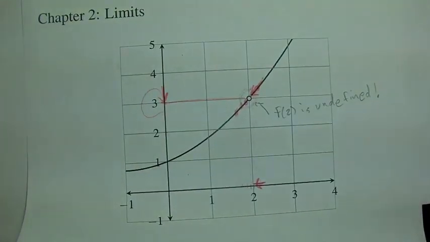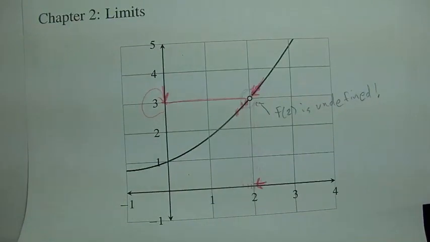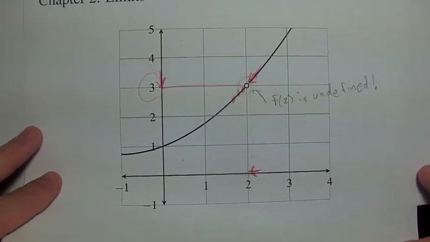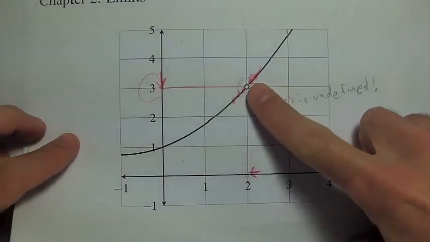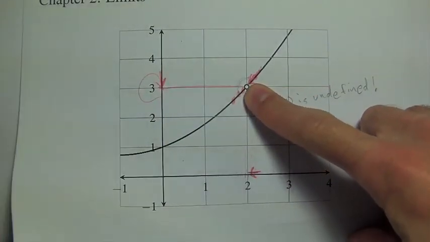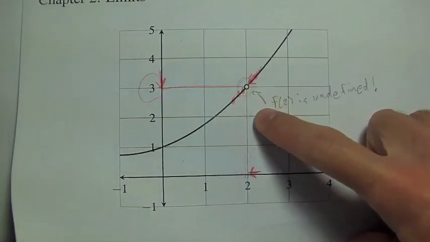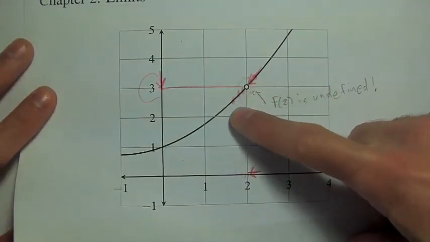Right, so the thing to note here is that just because we have a hole there doesn't mean that the limit doesn't exist or anything. The limit is actually 3. And that's exactly one of the reasons why limits were developed in the first place, to help us deal with situations like this where the function is undefined at 2, but the limit itself still exists.